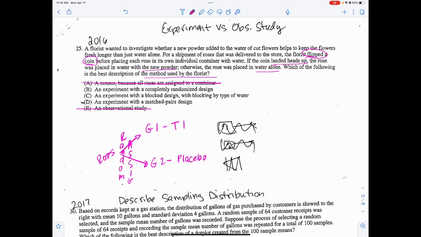Block would be if I put them in maybe a group of red roses and white roses, and it wasn't that. Matched pairs would be the same thing, except maybe I would match 2 roses that seemed similar, or do both treatments on the same rose. So this is a completely randomized design, as I described.